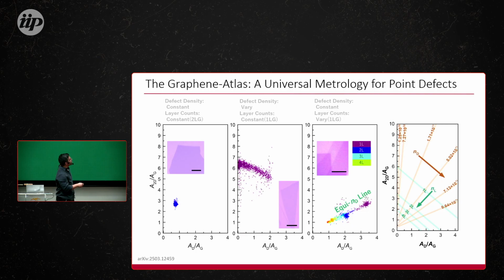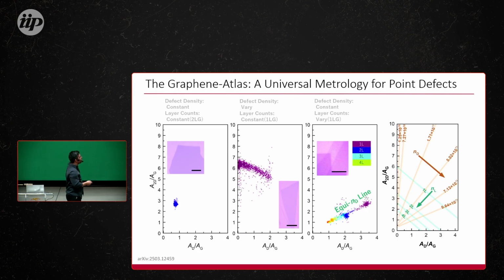If you now keep the defect density constant but change the number of layers, this is the kind of graph that we are observing. So basically what we are doing is a kind of graphene atlas for defect quantification in graphene systems, okay? This is working for graphene at the moment, all right?